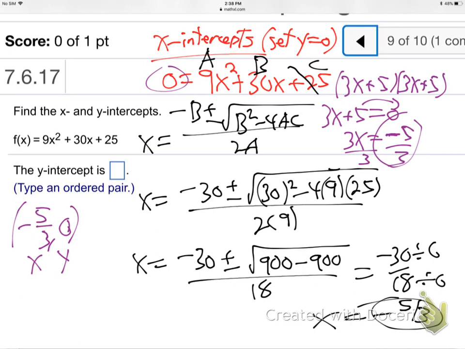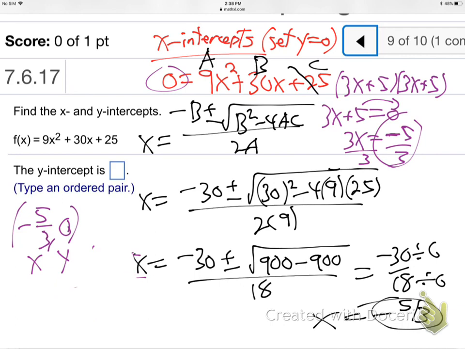So is that good? That makes sense? It's weird there's only one X-intercept, huh? How could there be only one X-intercept? When you've got a U shape, doesn't it have to hit the x-axis in 2 points? Good observation.